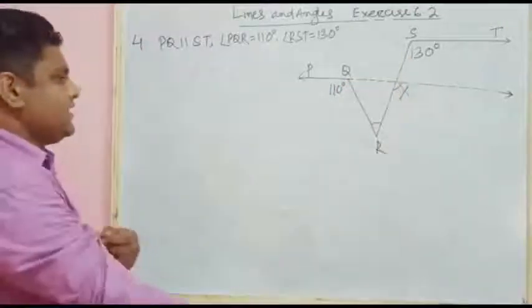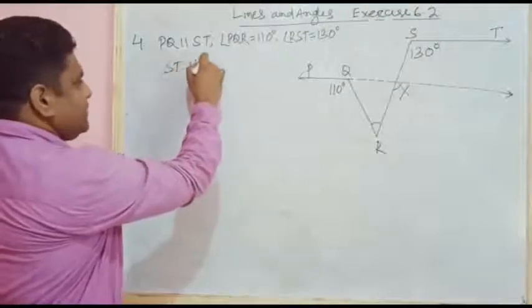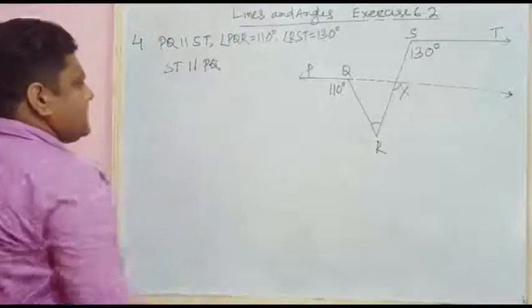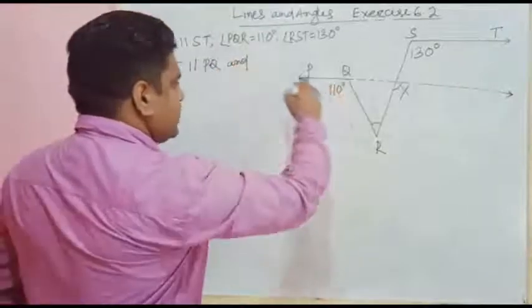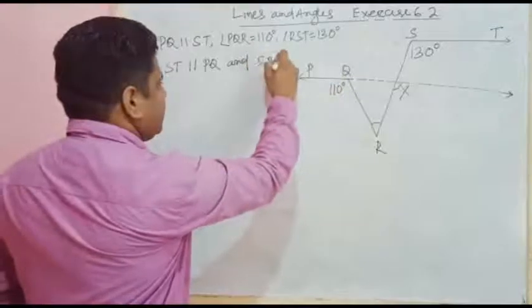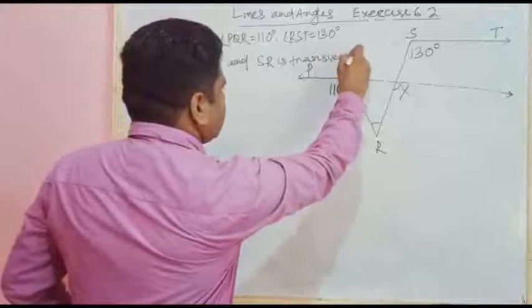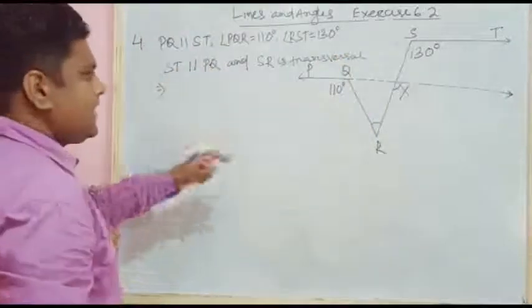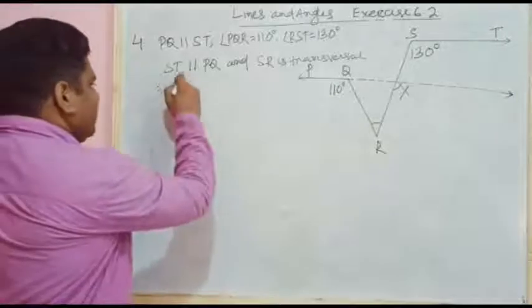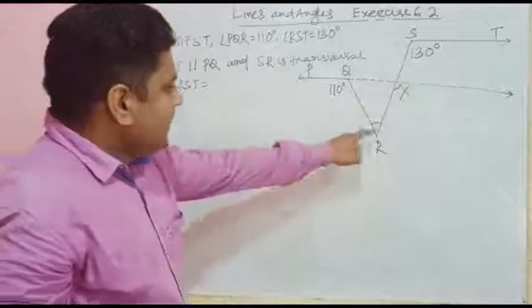So we have to write that ST is parallel to PQ and SR is transversal. This implies that angle RST is equal to angle RXY.